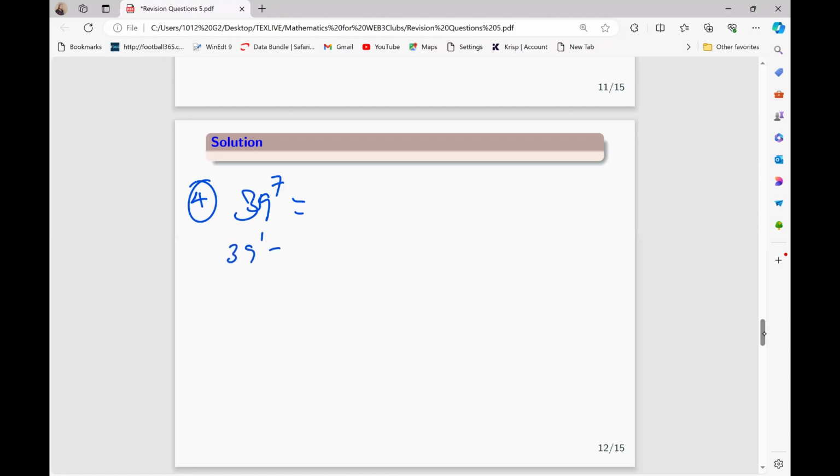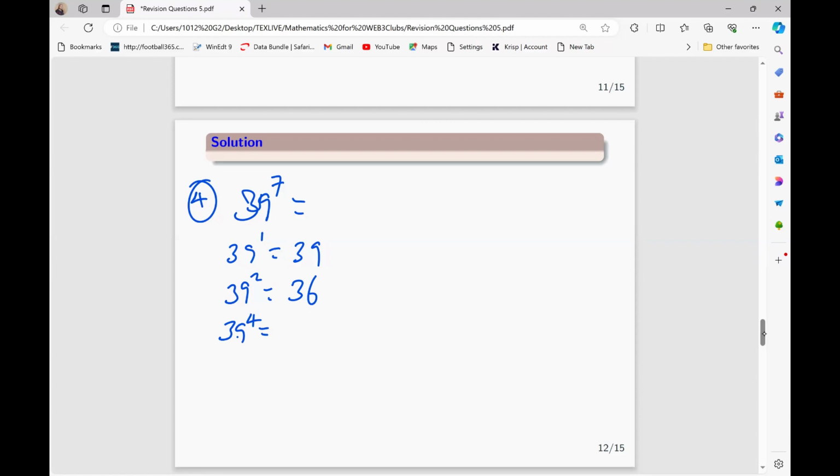39 raised to 1 is 39. 39 raised to 2 is 39 times 39, and you are dividing by 55. It goes there 27 times. The remainder is 36. What about 39 raised to 4?